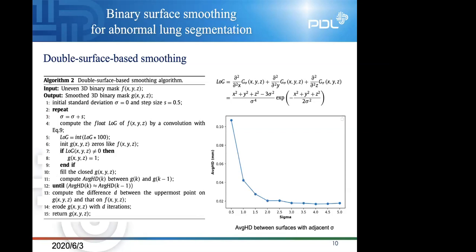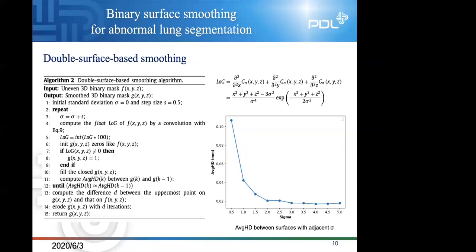Generally, there are more than 200 slices in whole CT scans of the lung. We post-process the binary lung in 3D data in consideration of the spatial contiguity of the lung.